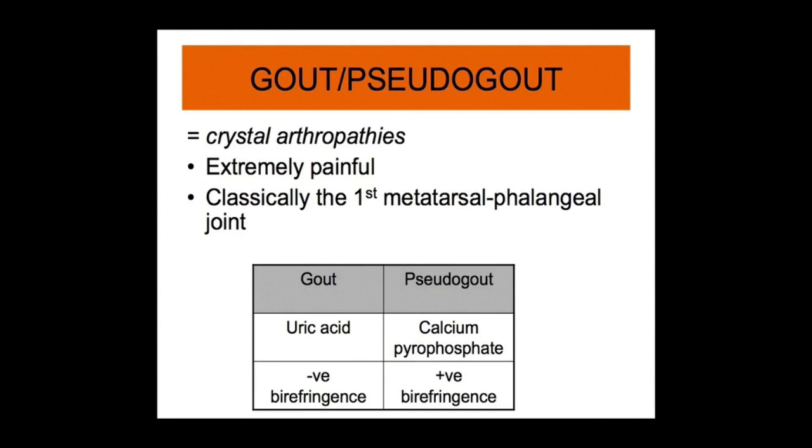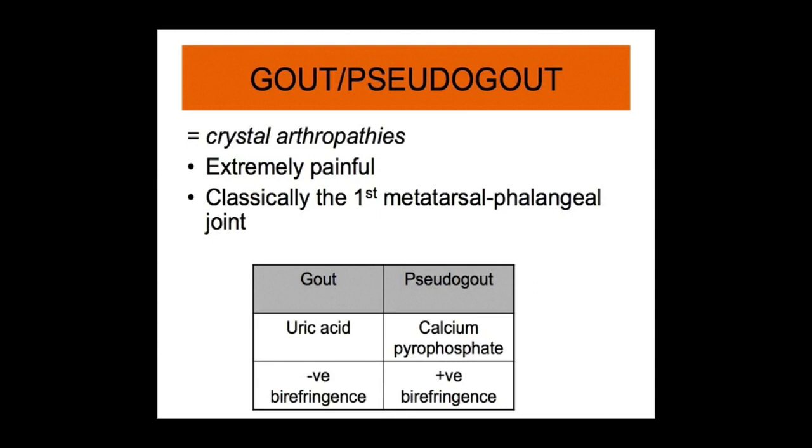So uric acid and calcium pyrophosphate are normally soluble in the blood, but due to either an increased production or a decreased excretion, crystals of these products will form within the joint spaces, which will lead to inflammation and become very painful. In gout, it's uric acid that causes its symptoms, whereas in pseudogout, it's due to calcium pyrophosphate.